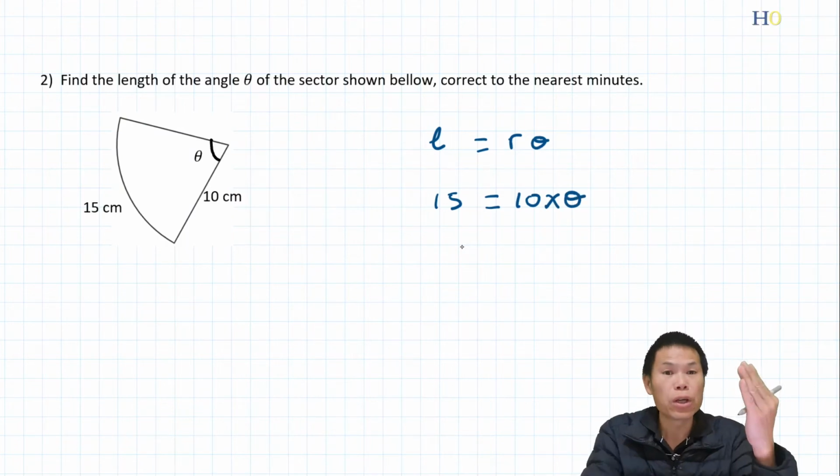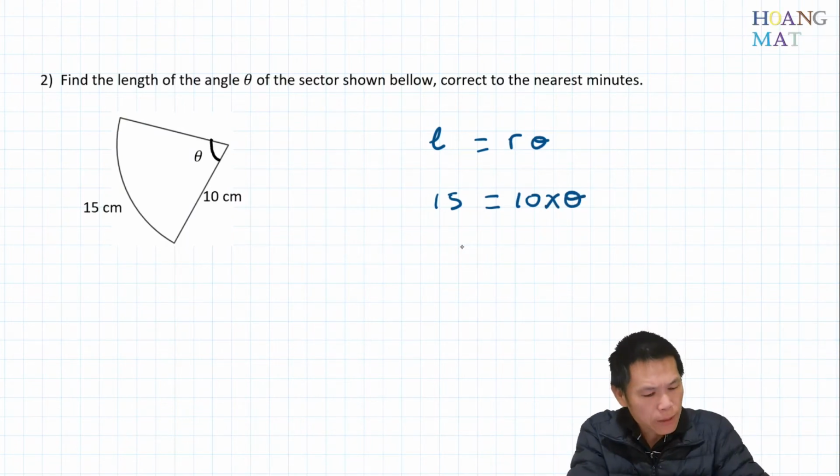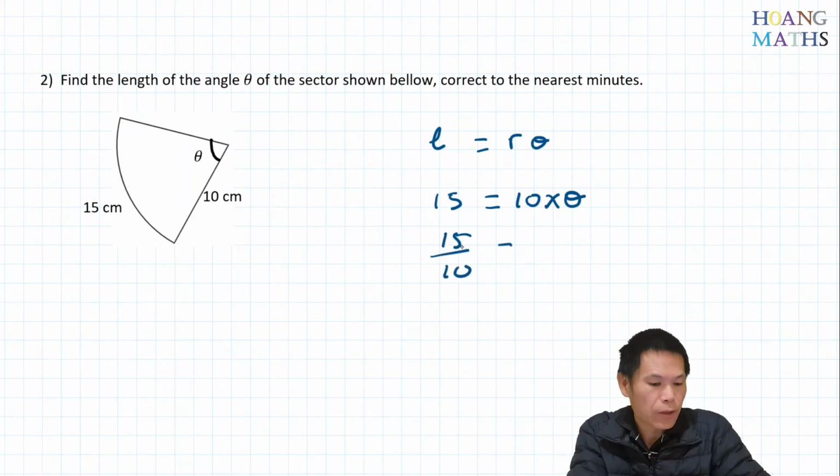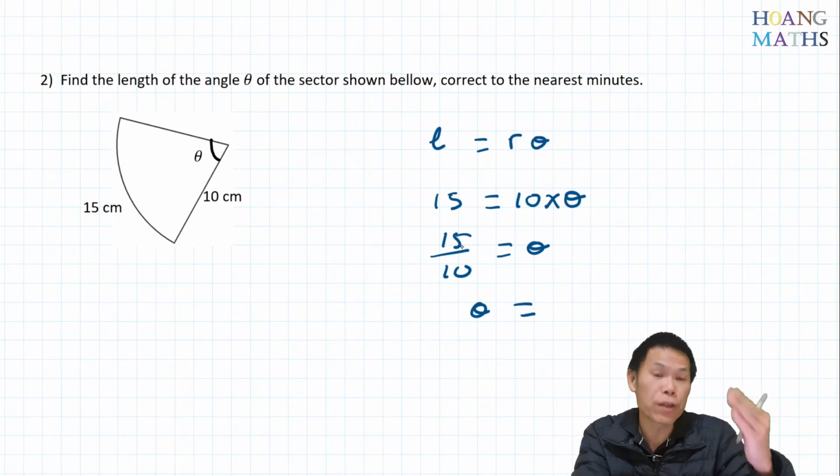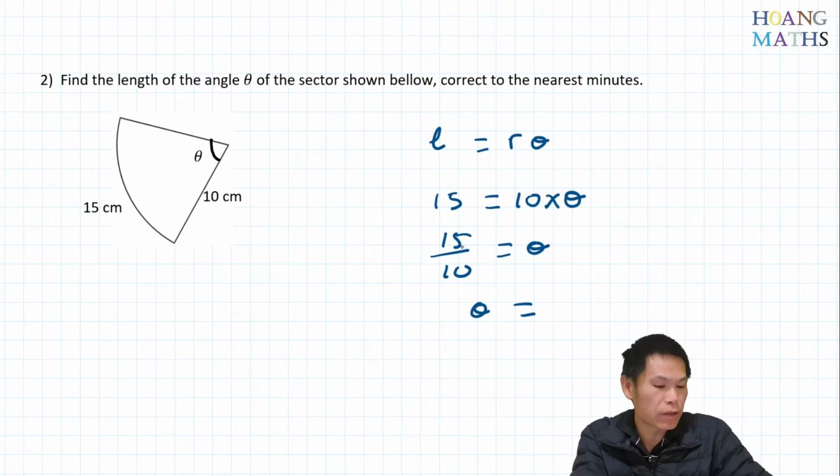Now we just divide by 10 on both sides, so 15 over 10 equals theta. I simplify 15 over 10: I divide by 5, that gives me 3, and this gives me 2. So the answer is 1.5 radians.